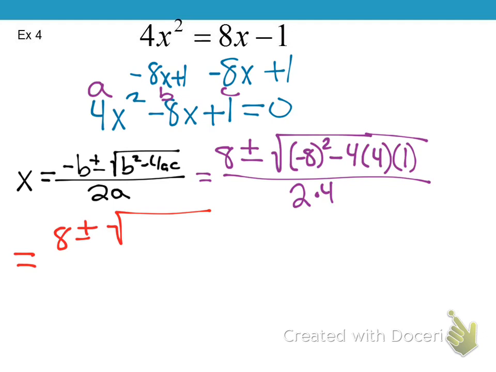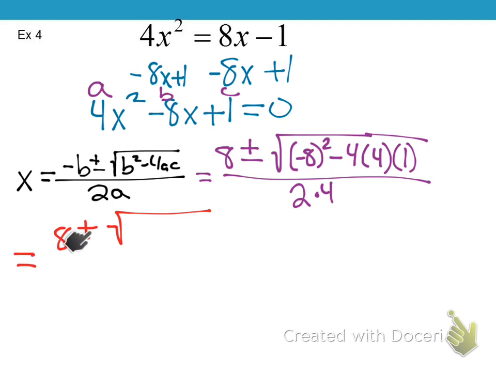All right. Negative 8 squared is? 64. Yeah, it's a negative 8. Hold on. We're going back to the first B. So B is negative 8, so negative B would be positive 8.